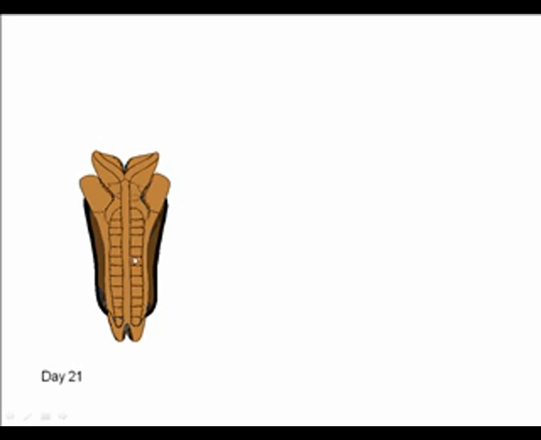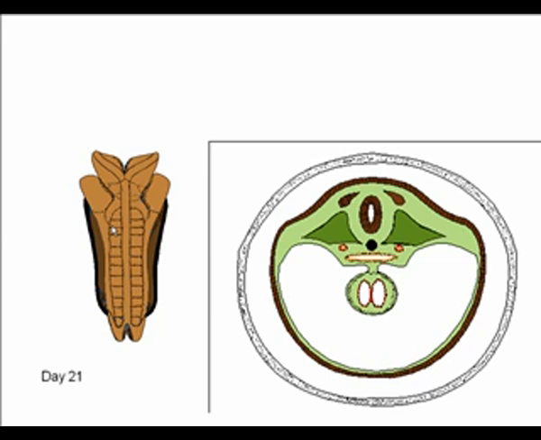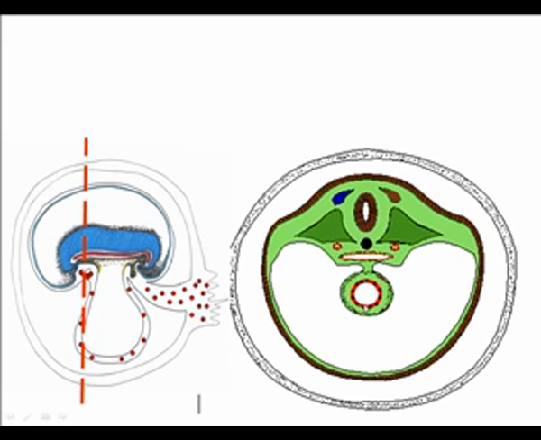So by day 21 of lateral body folding, we're going to have the fusion then of these two heart tubes, and they will be surrounded by mesoderm, splanchnic mesoderm, which will give rise to the myocardial mantle, and we will see the beginning of the formation of the heart. This is called the single heart tube stage, once the two ends of the heart tube meet in the midline.